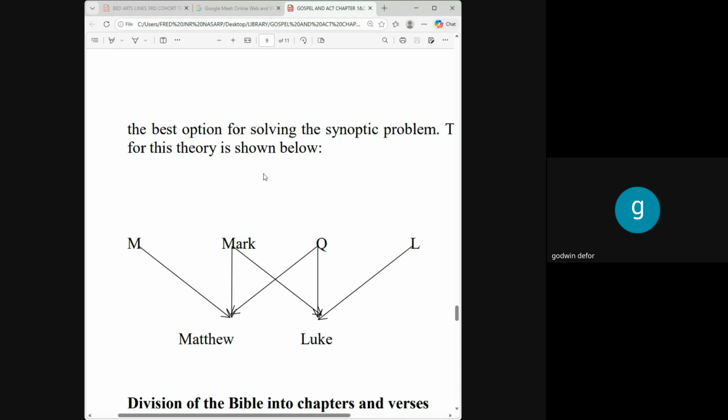My question: does the fourth source theory solve the synoptic problem?